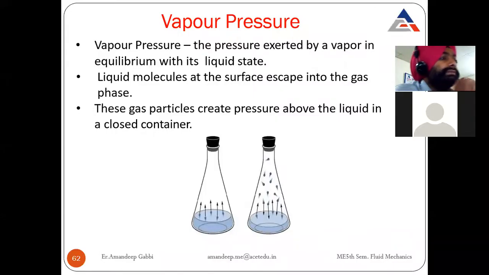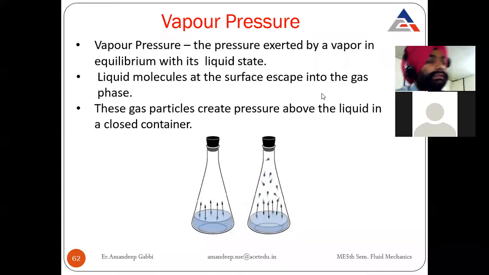Now let us discuss about vapor pressure. What is vapor pressure? When we boil some liquid, there is the surface of that liquid and the evaporation process starts.